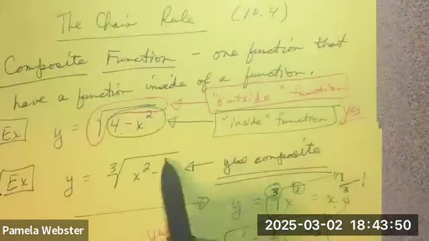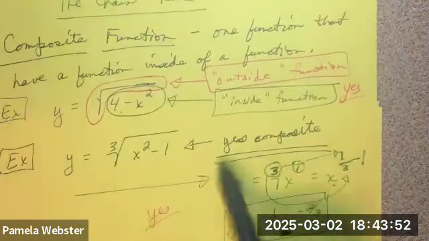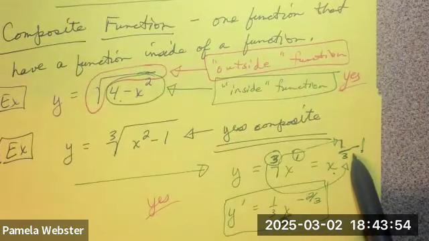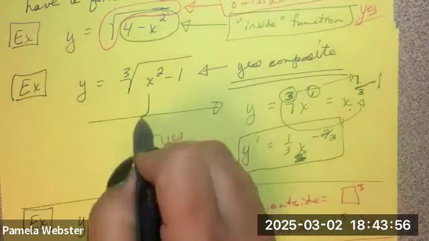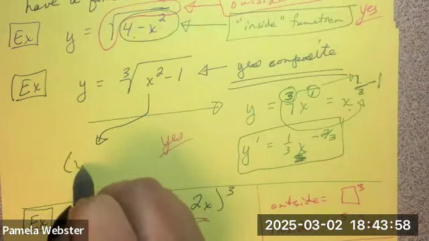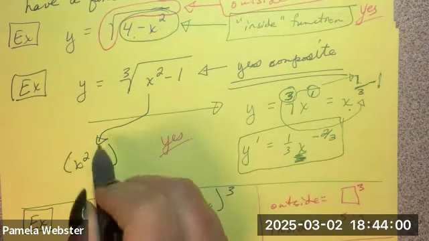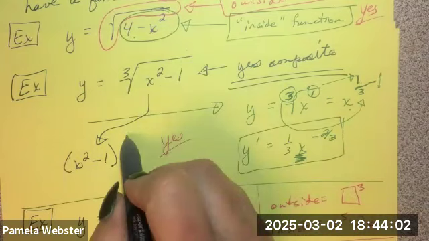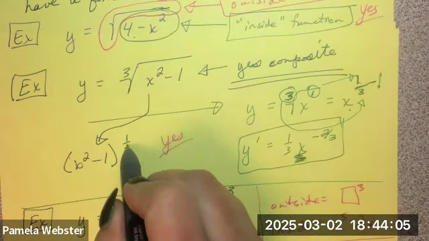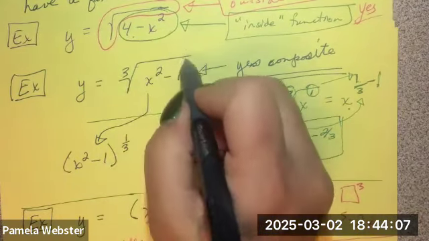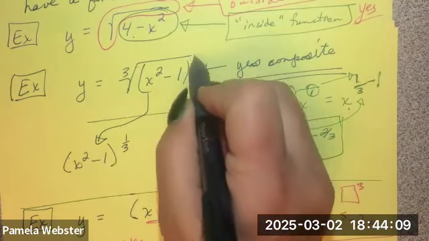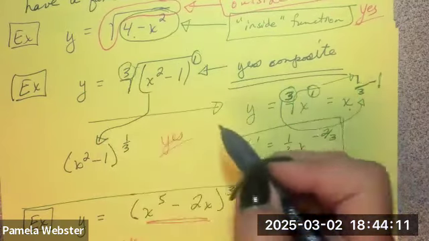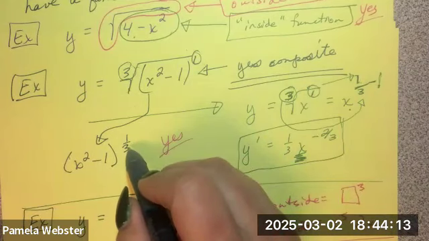This guy could be written as raised to the third power. Let's do it. The inside guy is x squared minus 1, and the power would be 1/3. The power is a 1 on top, and the root, the 3, goes on bottom.